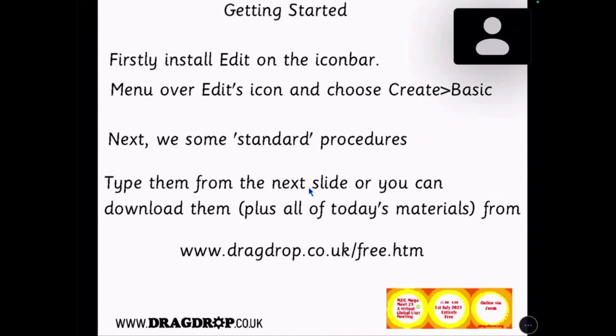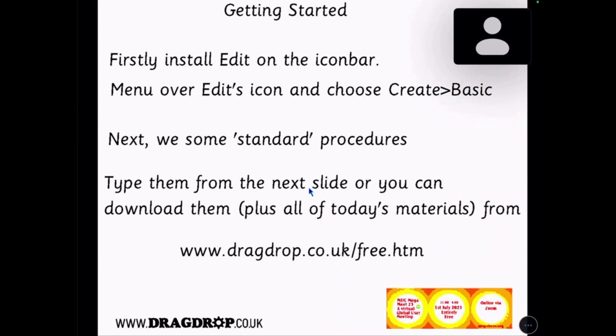As I say, I'll drop out of the slides every so often to show you on the desktop. But the first thing is to load up Edit, or whatever your favourite text editor is, where you can type in BBC Basic programs. I'll do a demonstration in a minute on the desktop.